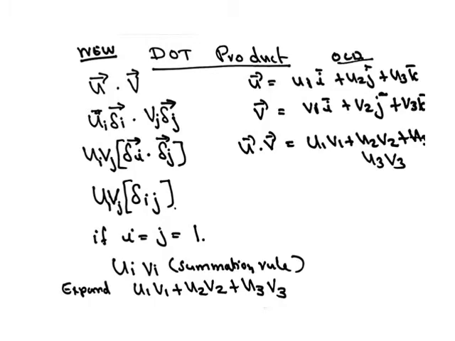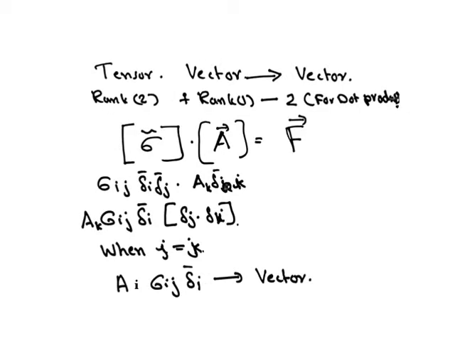Now we see the dot product between vectors, tensors and vectors. Here I want to say one small theory. It is a contraction. Contraction is nothing but reduction of total rank. Total rank will be reduced by 2 in dot product and reduced by 1 in vector product, that is cross product.